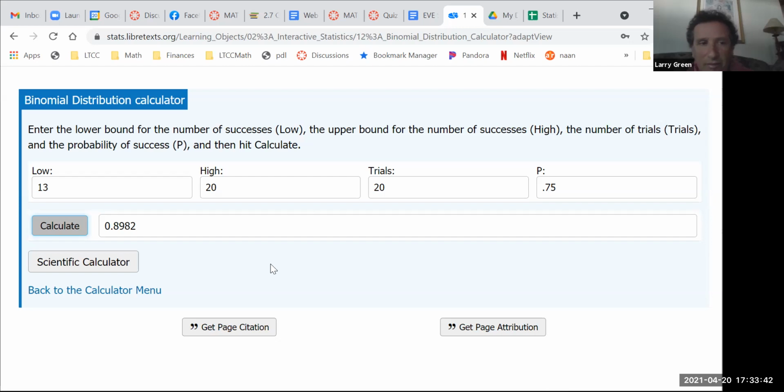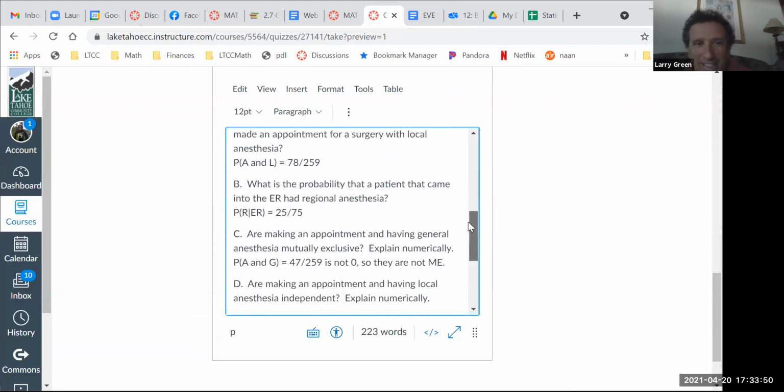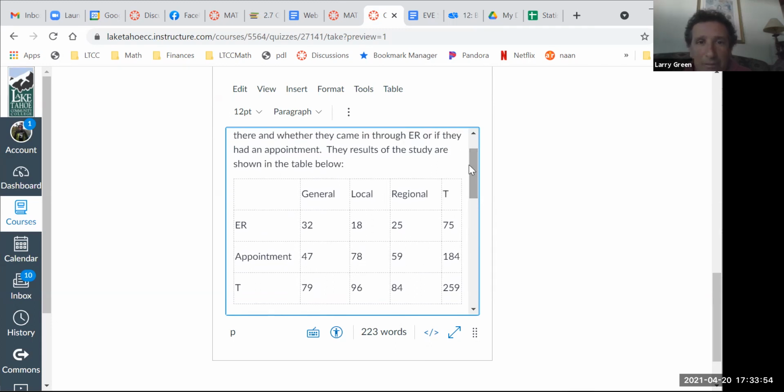Any questions? Okay, let me do another mixed problem. Drop our quiz again. Let's say we randomly select 16 patients, okay, who just had surgery.